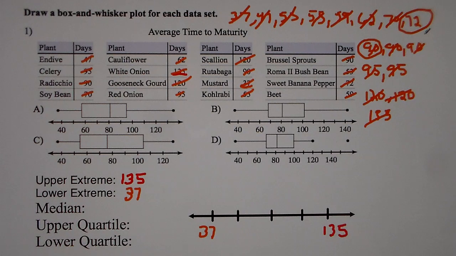To find the median when there are two numbers in the middle, we add them up and divide by 2. We find the average between those two. So 72 plus 90 divided by 2 is 81. So the median is 81. That's the one in the middle.